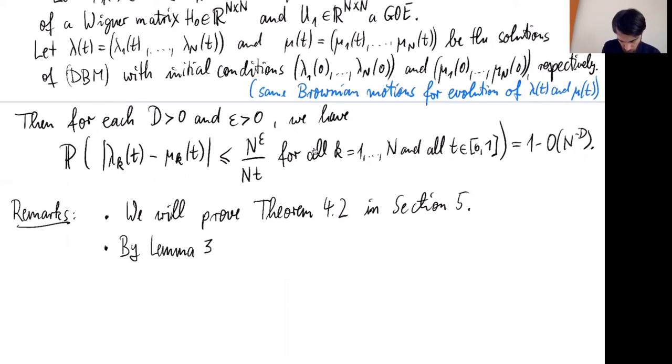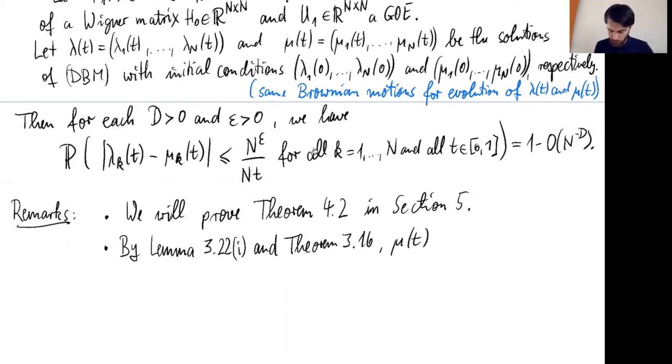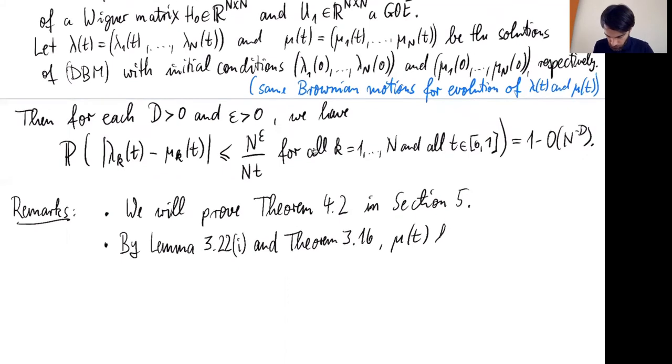So this is lemma 3.22, the first part, and theorem 3.16, the one I recalled in the very beginning today, which I did not prove. So from this we know that mu t has to have the same distribution.